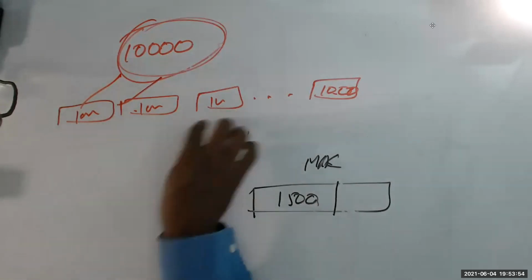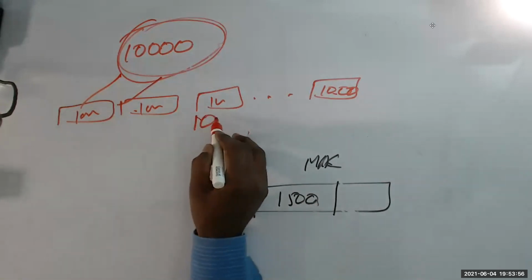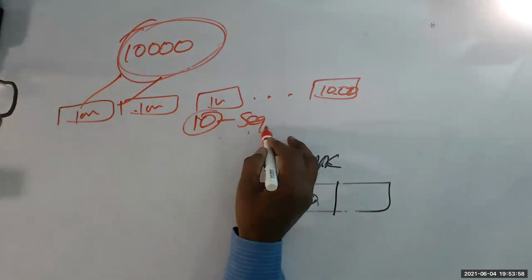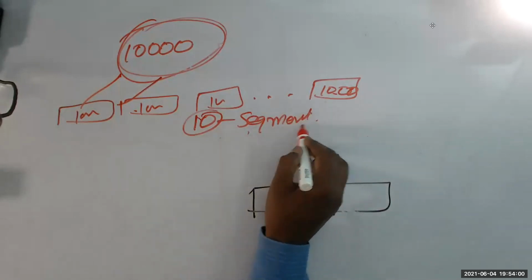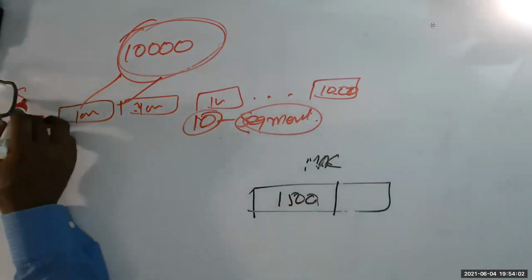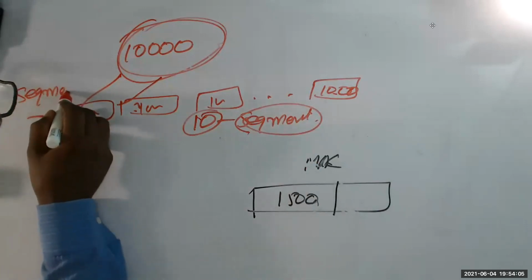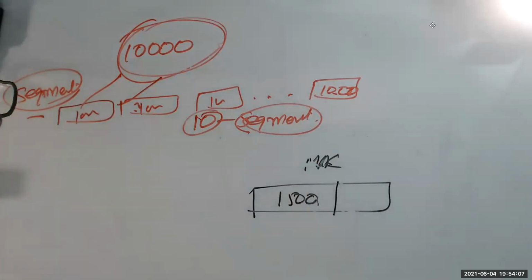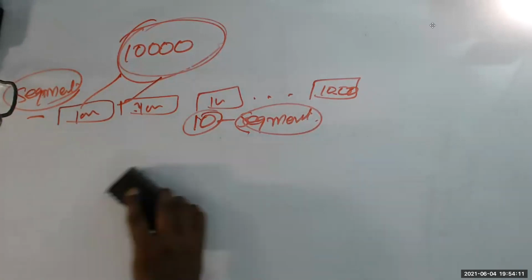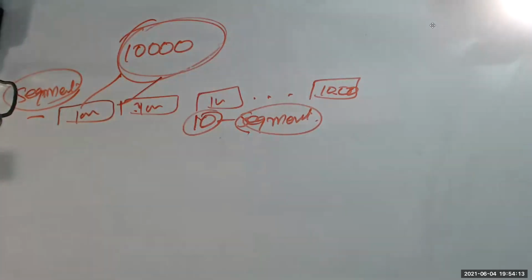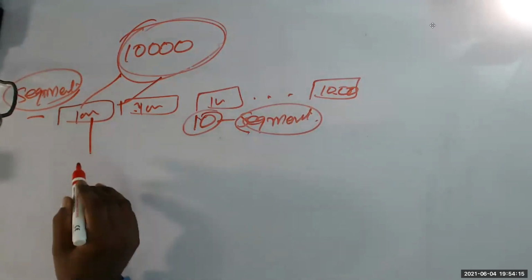I will split it into 10 segments. We use the word segment. TCP will split the data into segments. Then after it segments the data, it will take one and give it to IP.